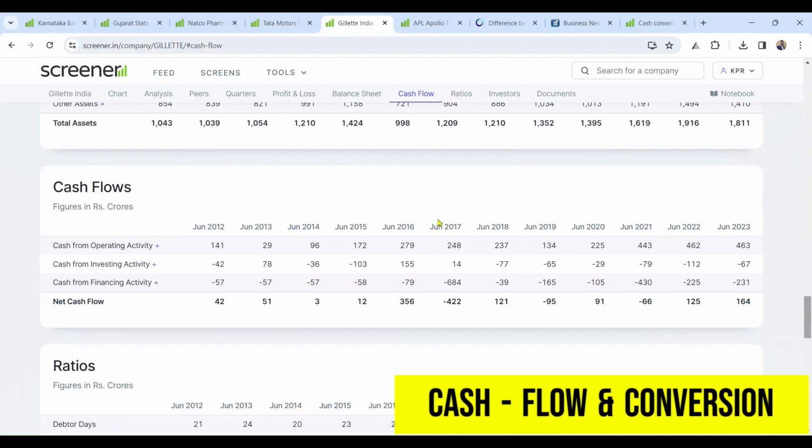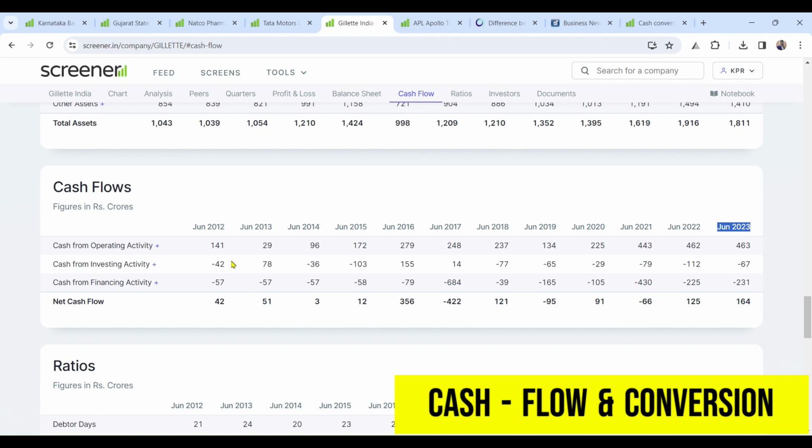Okay, so the next item we are going to see here is cash flow and cash conversion cycle. When you talk about cash flow, to keep it simple, you take this financial year, basically how much cash has come inside the company, how much cash has been taken out of the company.